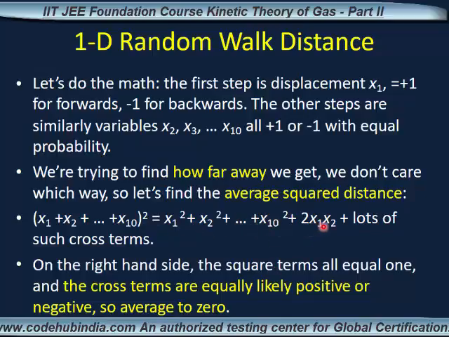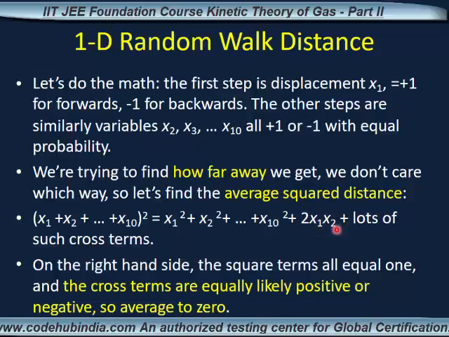Then we multiply by 2 for the cross terms, x1 into x2, x1 into x3, x1 into x4, x1 into x5, up to xk. We get a lot of cross terms. Now what is the value of a cross term?